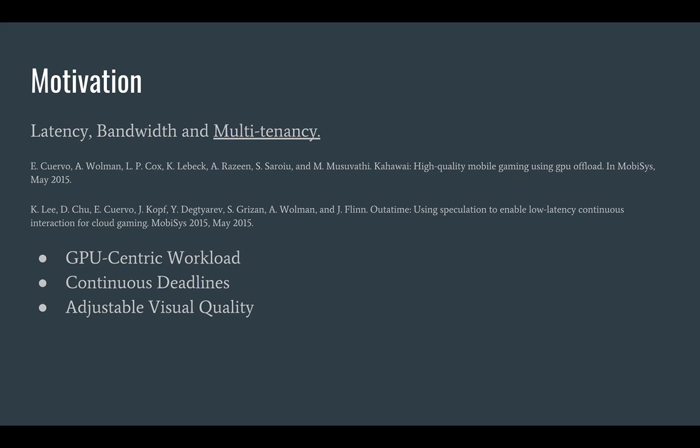Talking about multi-tenancy, the isolation and virtualization support that has served traditional host service well would surface for multi-tenant gaming also. However, cloud gaming multi-tenancy is challenging and distinct from traditional data center multi-tenancy. The reason is that games exhibit three unique properties, which are GPU-centric workload, continuous deadlines, and adjustable visual quality.